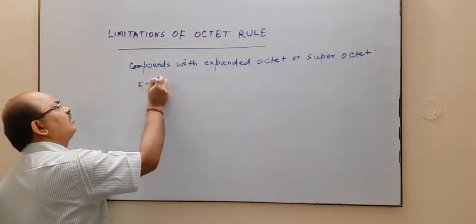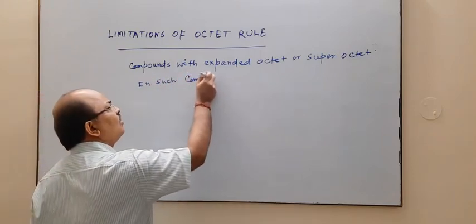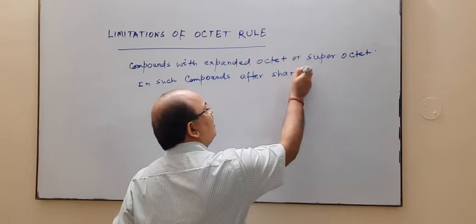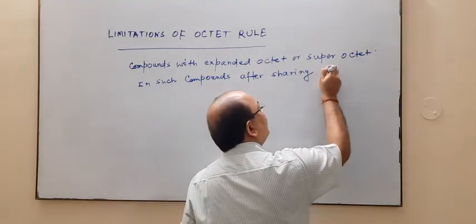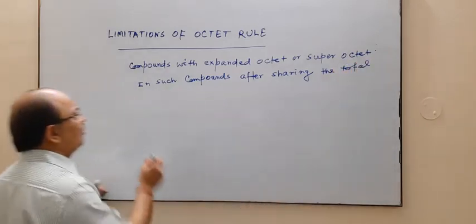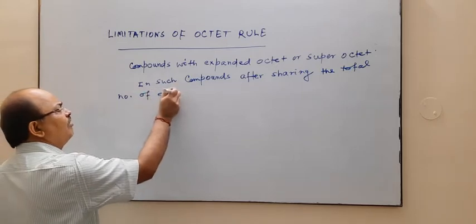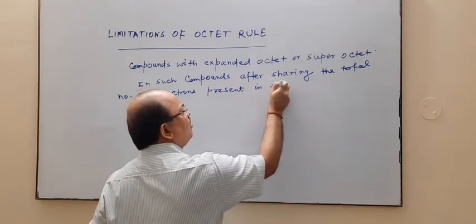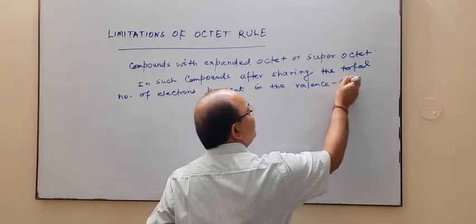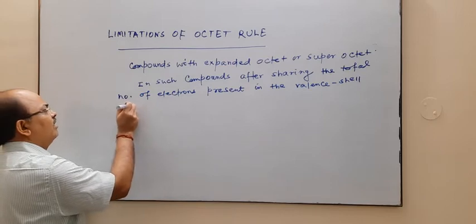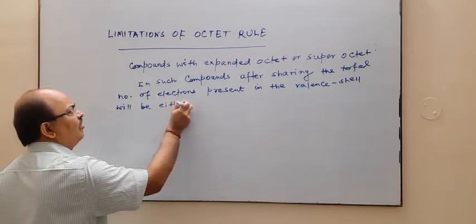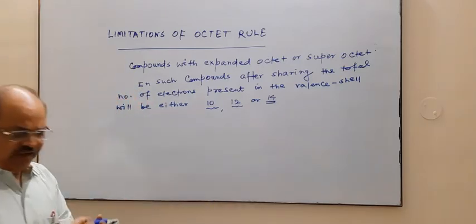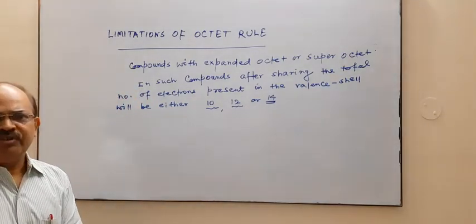In such compounds, after sharing, the total number of electrons present in the valence cell will be either 10, 12 or 14.